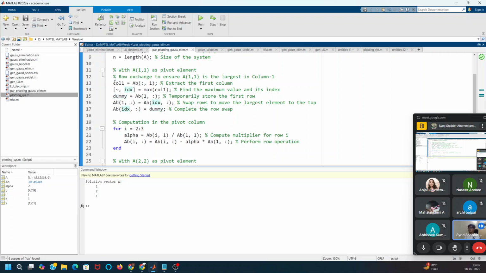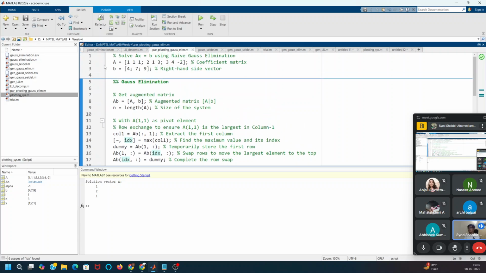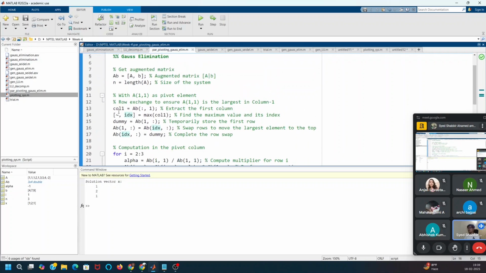We will give the input and then get the augmented matrix. After that, we take the first column and check which element has the maximum value, and we get the index of that maximum value.